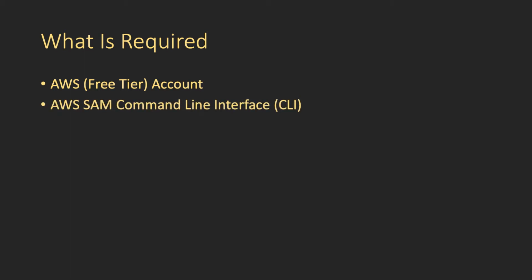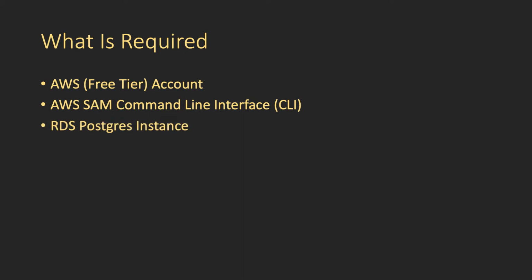What is required for this demo? First of all, an AWS account, ideally a free tier account. Then you will need access and setup of the AWS SAM command line interface.